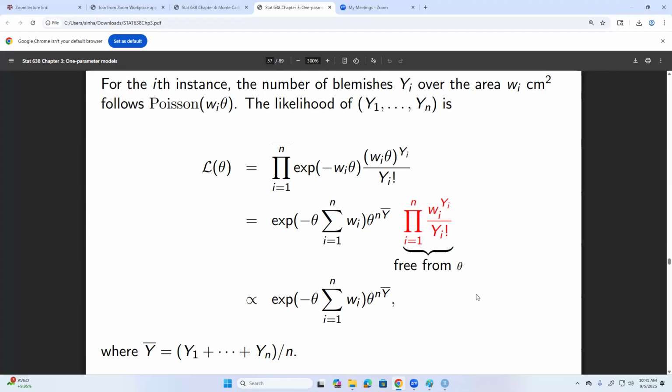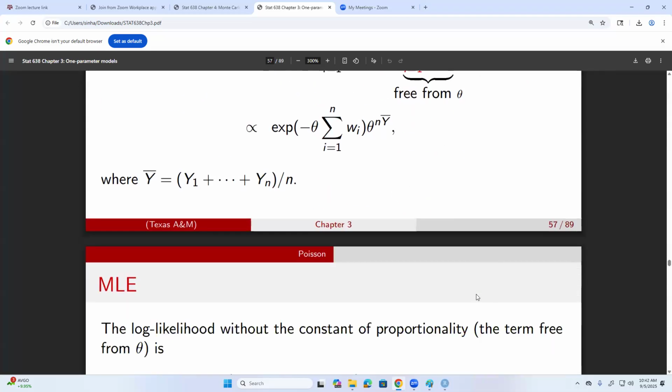So in your derivative or any other calculation, this part will not contribute anything. Therefore, I wrote the next line as proportional, ignoring the term involving only data. So e to the power minus theta times the sum of w_i and theta to the power n times y bar.